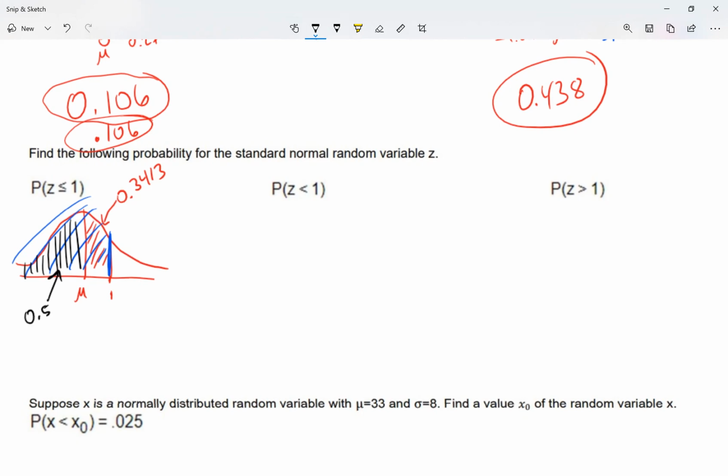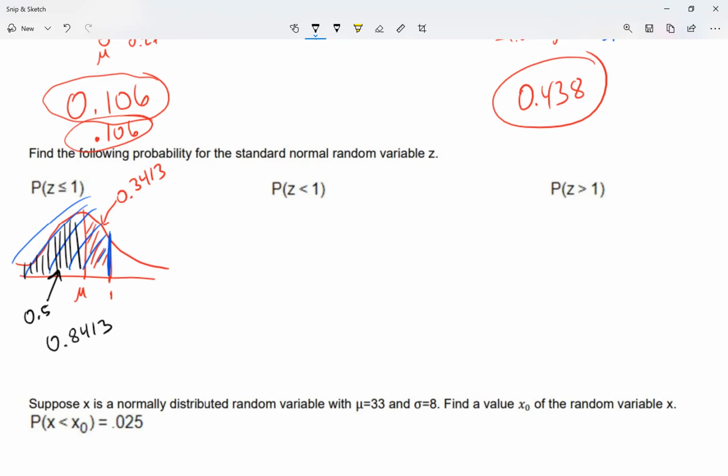So my black section is 0.5, the red section is 0.3413. I'm interested in the blue section, which is all of this combined. So just add them up. That will give me 0.8413.